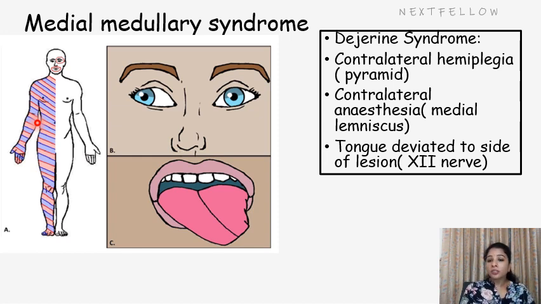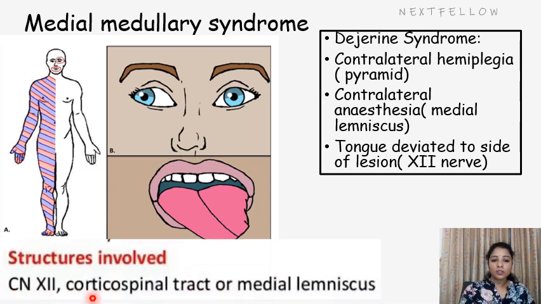Even the hypoglossal nerve nucleus and nerve are involved, so the tongue is deviated to the side of the lesion, and it is also associated with Horner's syndrome. The structures involved: 12th cranial nerve, corticospinal tract, and medial lemniscus.